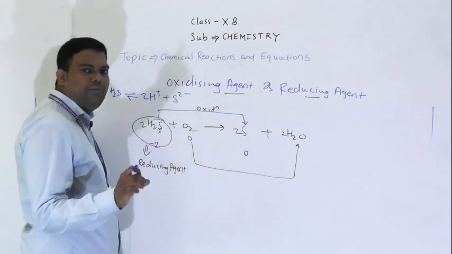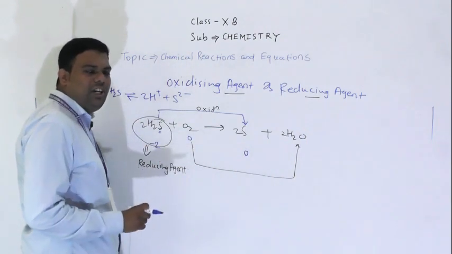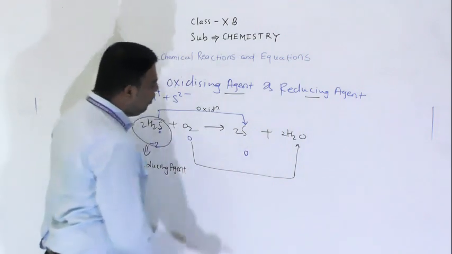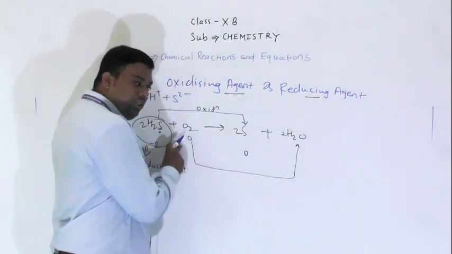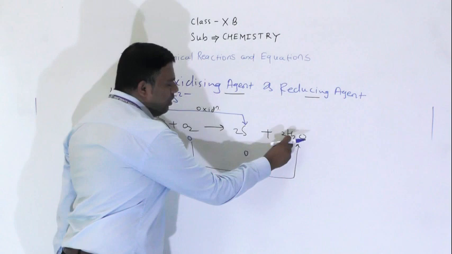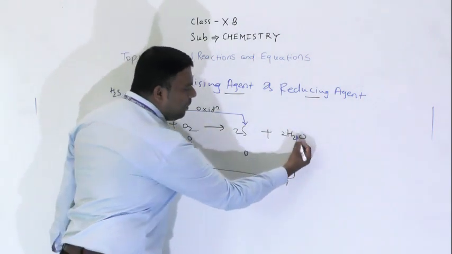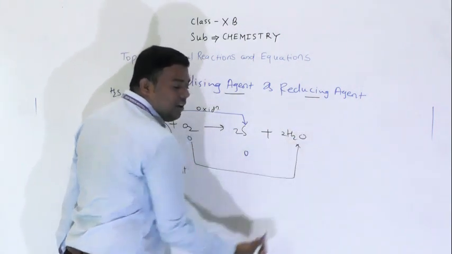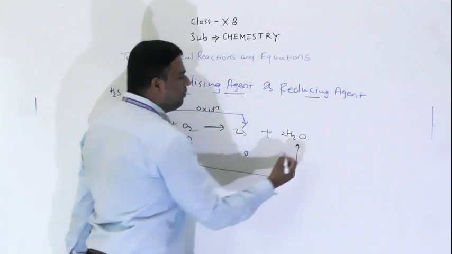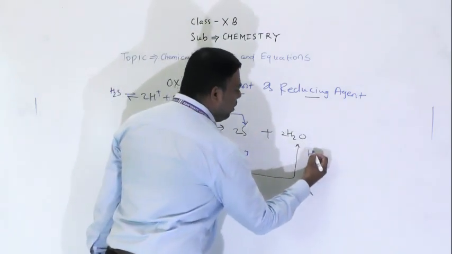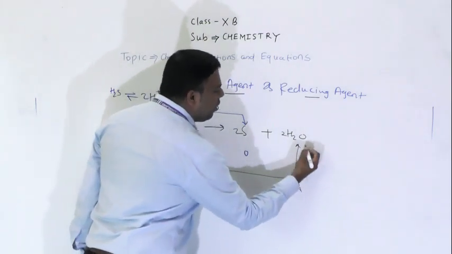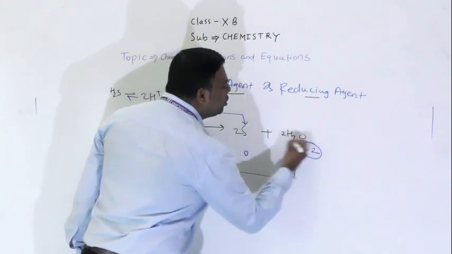The oxidation number of an element in its elementary state is 0. So O2 is 0. In water, the charge on the oxygen atom is always -2.